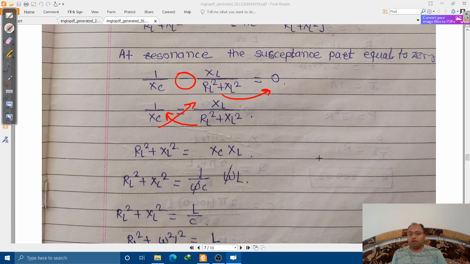Now wherever there is an XL and XC, we are going to put XL as omega L, and XC is nothing but 1 upon omega C, right? After putting these, we can cancel out the omega terms. Let us put XL as omega L over here, so we have inserted it.